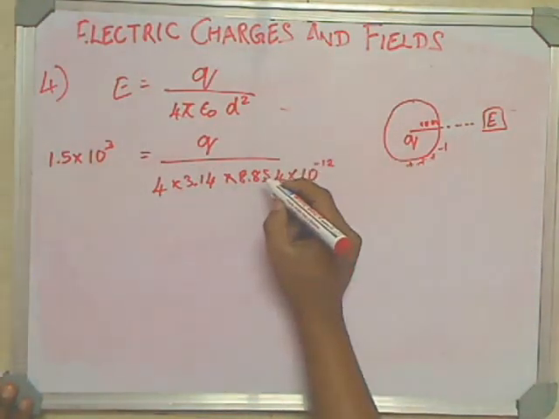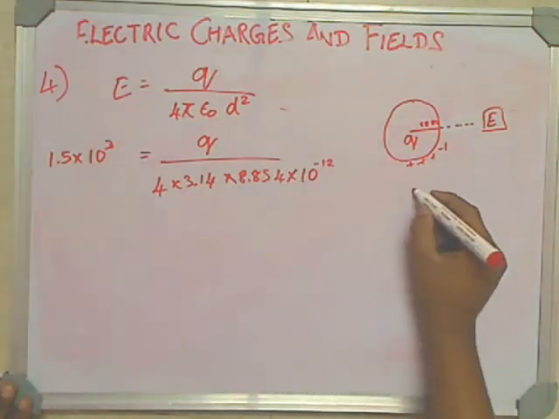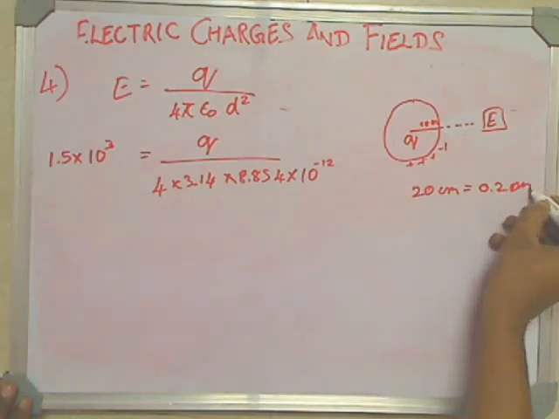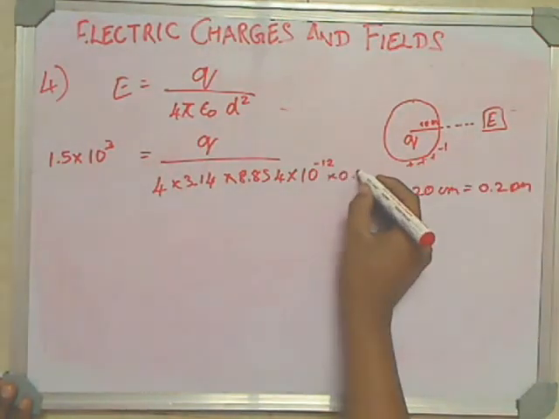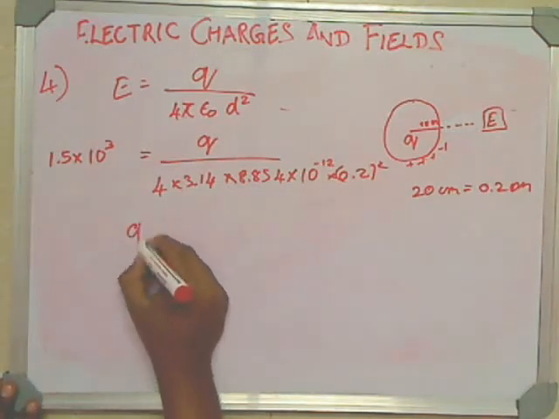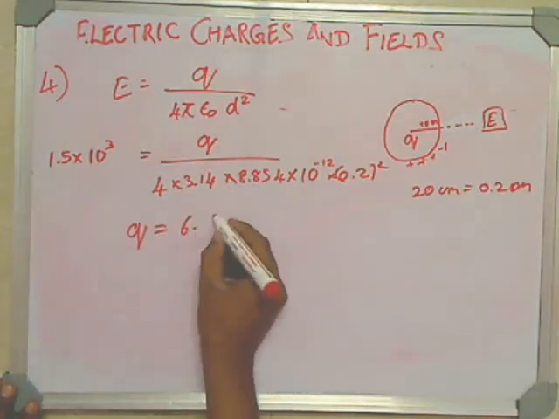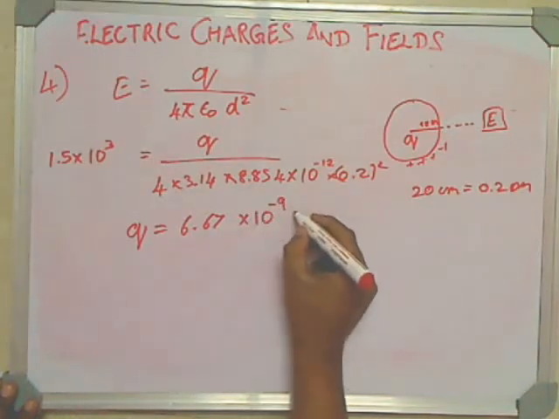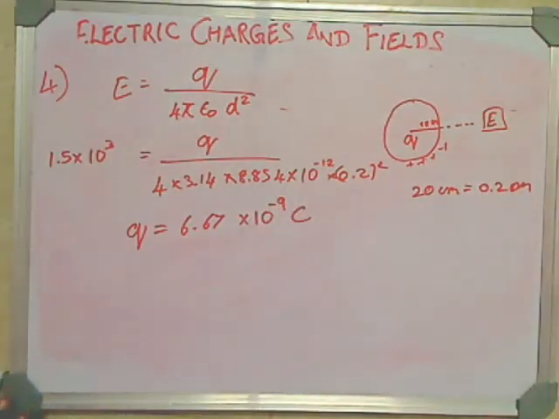Again, I need to convert the distance into meters. So 20 centimeters is nothing but 0.2 meter, multiplied by 0.2 square. This, upon calculation, gives me Q equals 6.67 multiplied by 10 to the power of minus 9 coulomb.